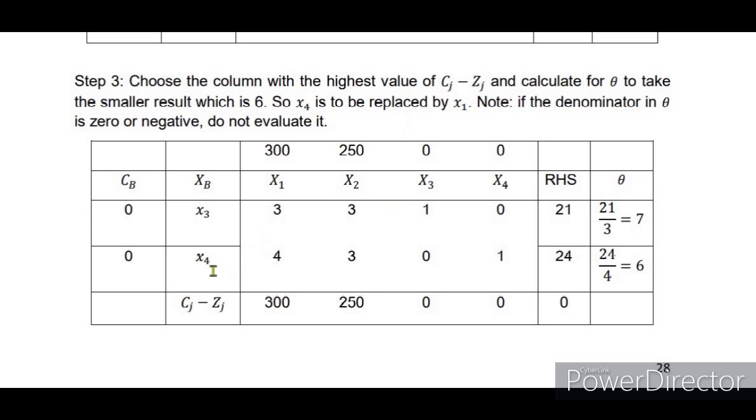So the x sub 4 row here will be replaced by the x sub 1 column. Okay, so note, if the denominator in the theta is 0 or negative, do not evaluate it. So since the denominators here in the theta are 3 and 4, we evaluate them because they are not 0 or negative.